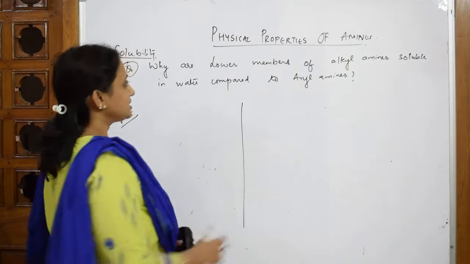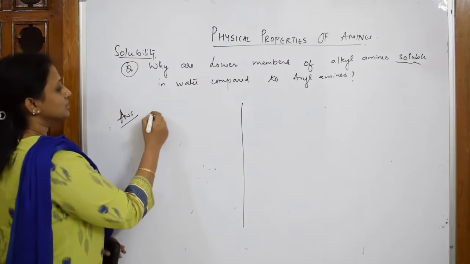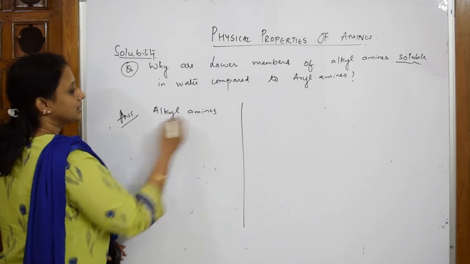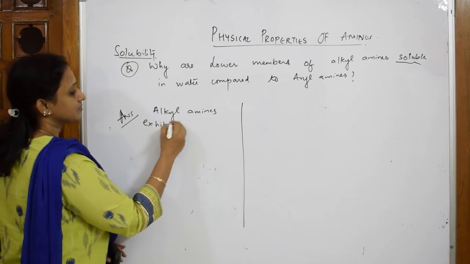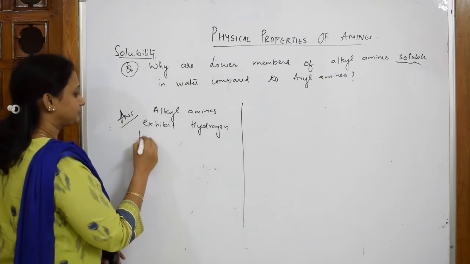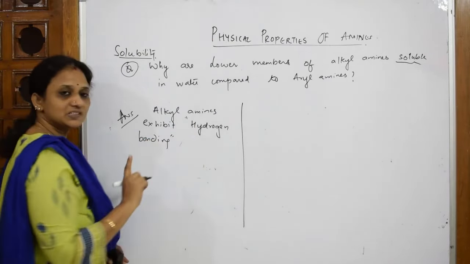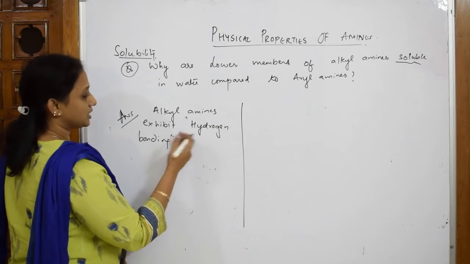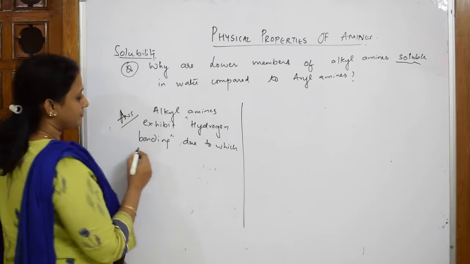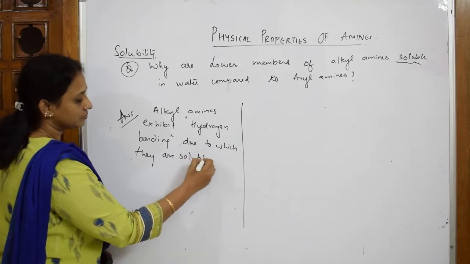So start your answer like this: alkyl amines exhibit "hydrogen bonding", and put it in inverted commas. This is important. Due to hydrogen bonding, they are soluble in water.